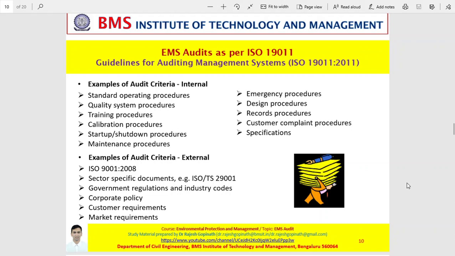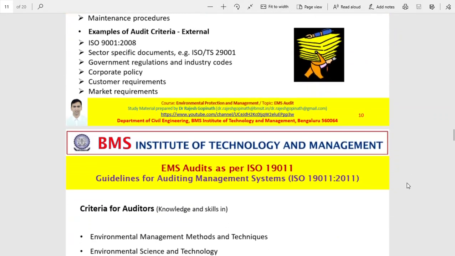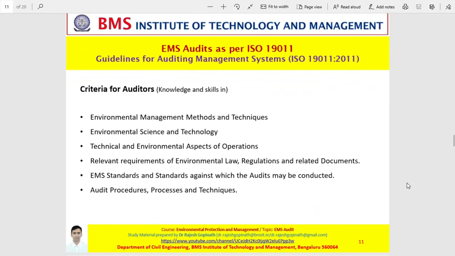Slide 11. Before I begin explaining about auditors, the roles, qualifications, and criteria, let me recap. We all are now aware of the significance of the EMS audit, that is ISO 19011:2011.